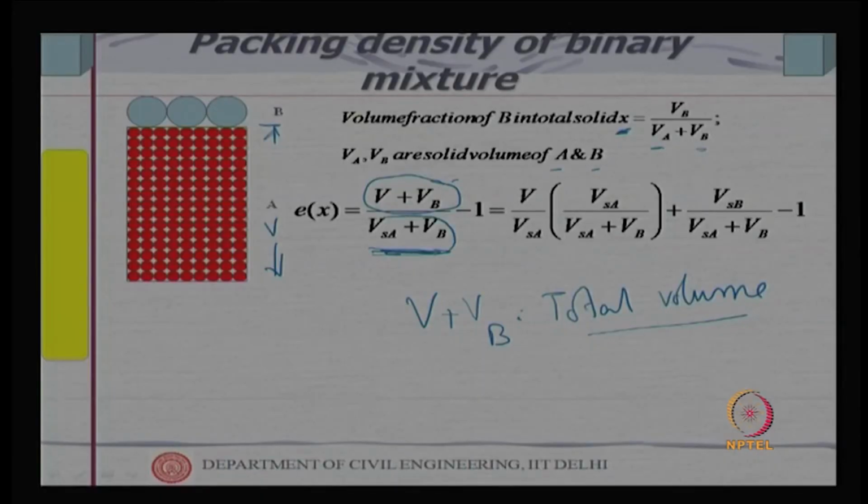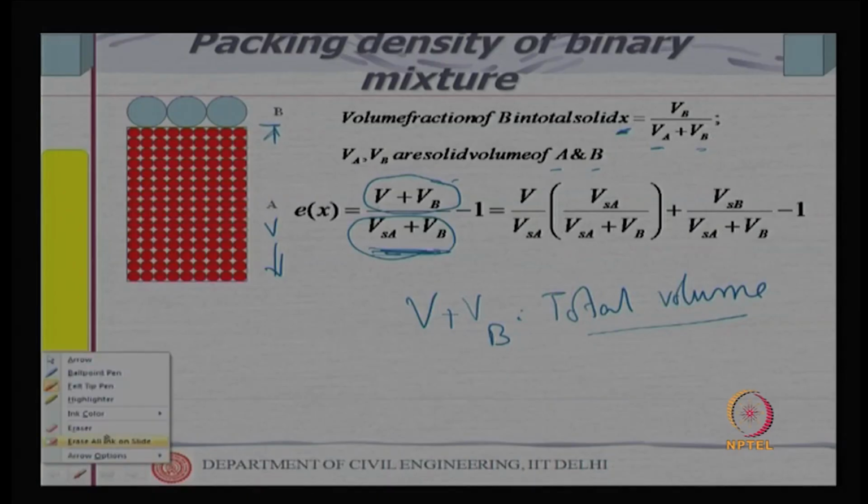For example, VB is the solid volume of the coarse aggregate B I have added, and V was the total volume, that is, volume of solid plus volume of pores of A. So if I add this, it will just increase the total volume without disturbing the porosity of the fine aggregate. In that case, the total volume will be V plus VB.